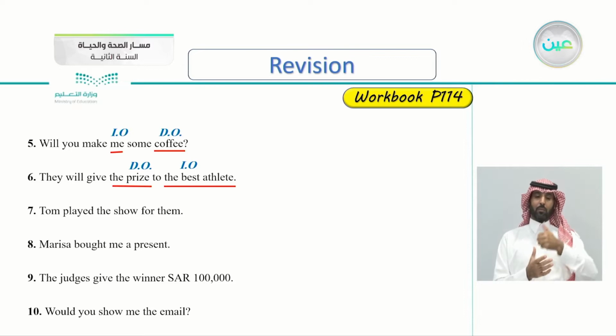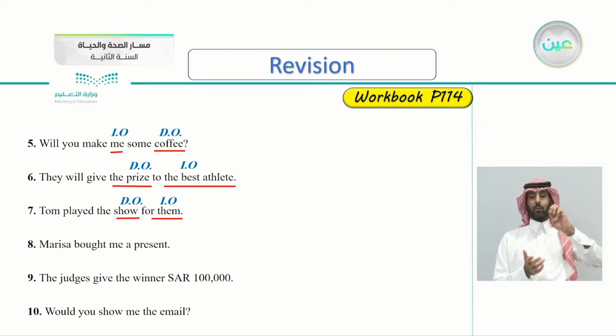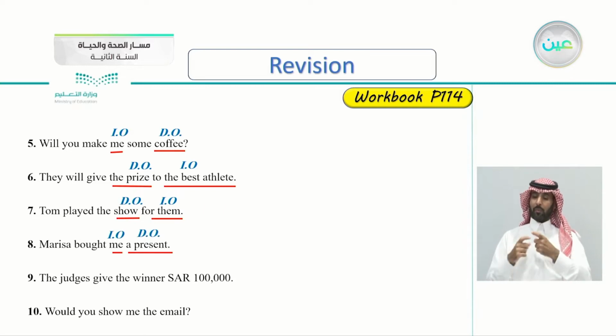Number seven, Tom played the show for them. The show is the direct object, the indirect object is them. Number eight, Marisa bought me a present. Yes, me is the indirect, a present is the direct object.